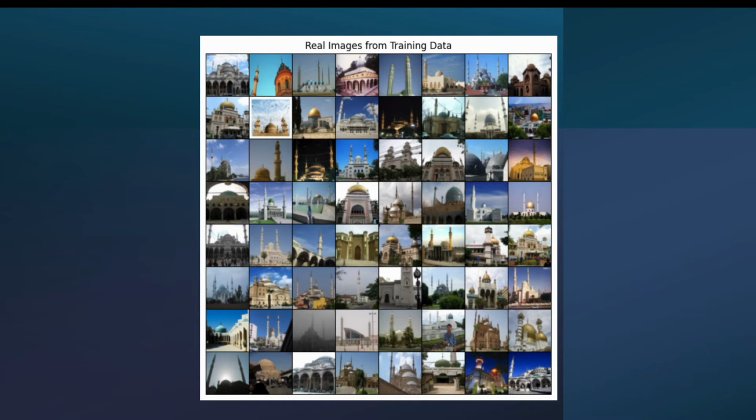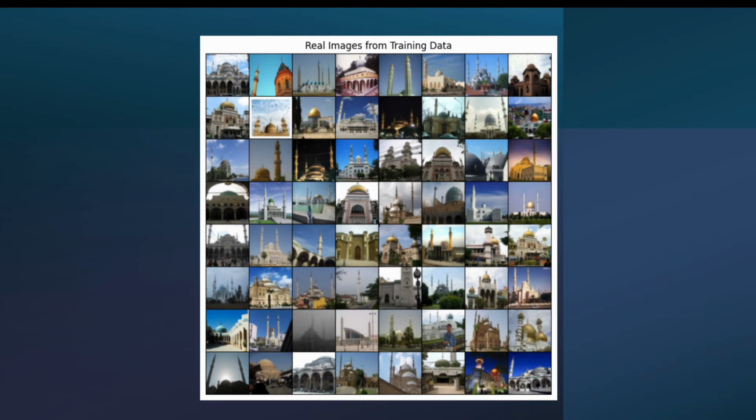Some are at night, some are in the day, some have minarets, some have domes, some are smaller, some are larger. We are hoping that our model can pick up on these differences through the images and be able to recreate this distribution from which the data is coming.